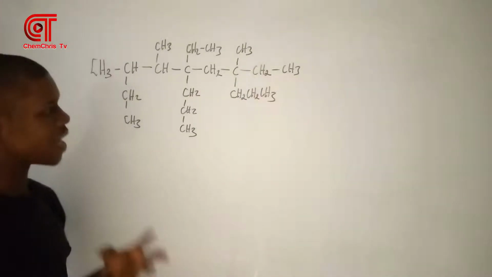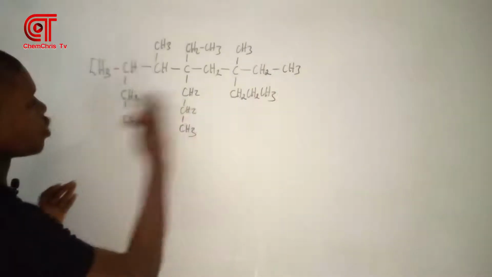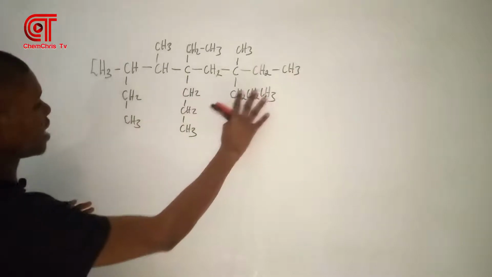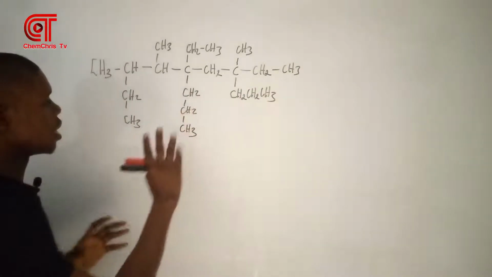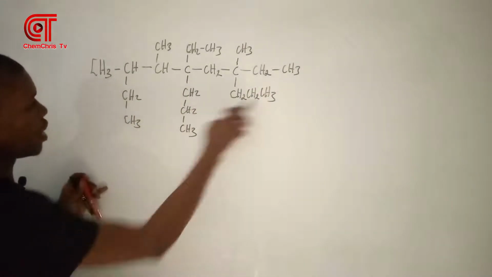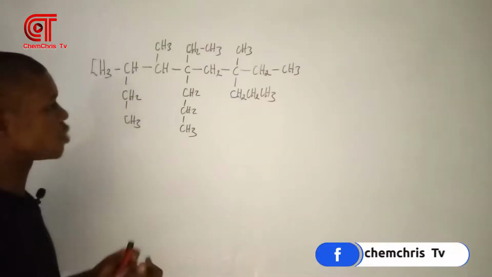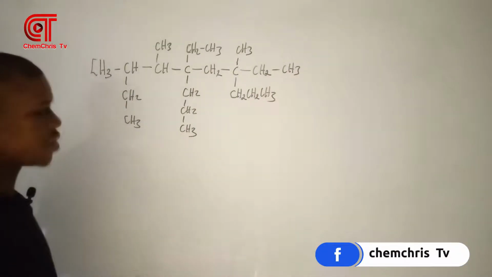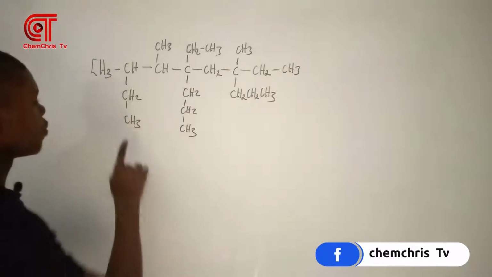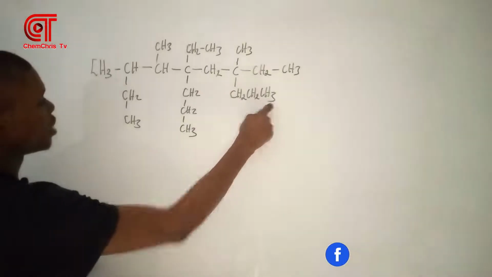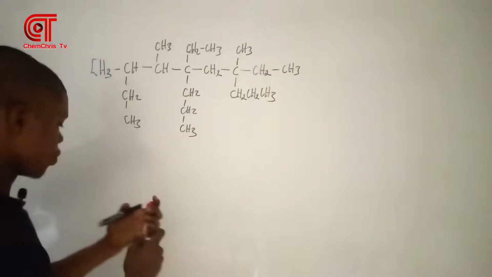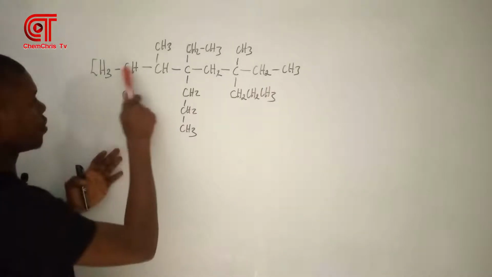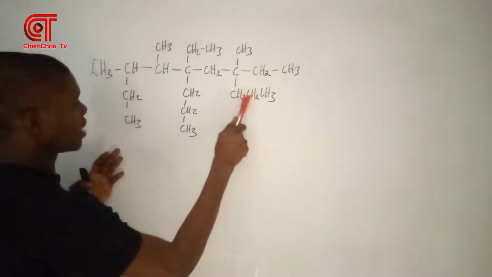Now if you follow the rules and try to find the longest continuous carbon chain, you find that from here to here is going to be my longest continuous carbon chain, because it is the one containing more carbons, right? So 1, 2, 3, 4, 5, 6, 7, 8, 9, 10.